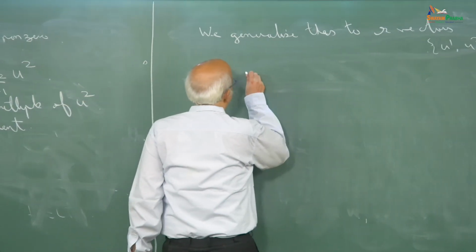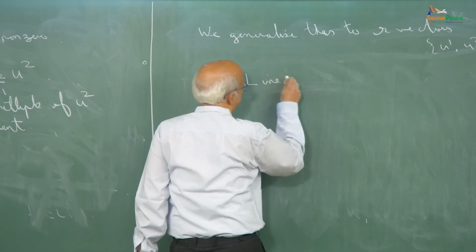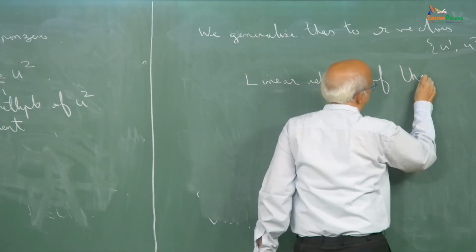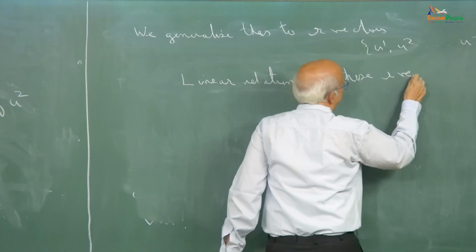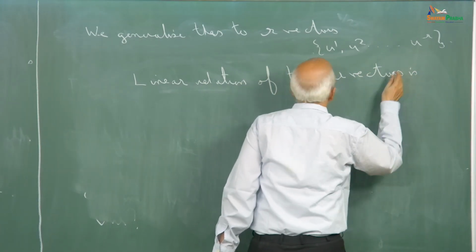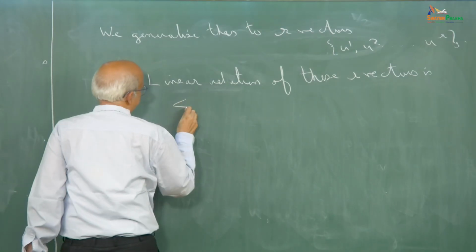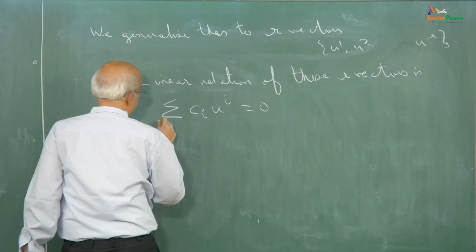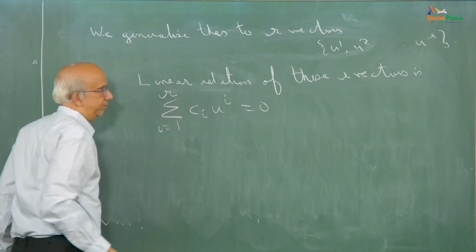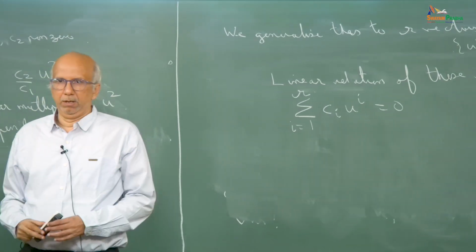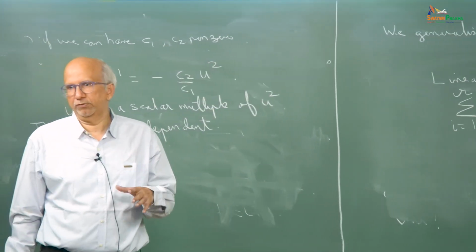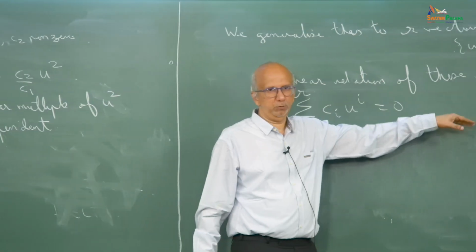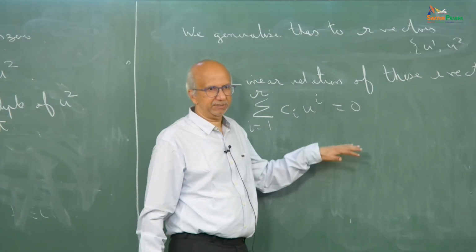So, a linear relation of these r vectors is given by sigma ci ui equals 0 for i equals 1 through r. So, I did it for 2, now I am doing it for r. So, basically what I am saying is you have c1 u1 plus c2 u2 plus c3 u3 up to cr ur. This is a linear relationship.